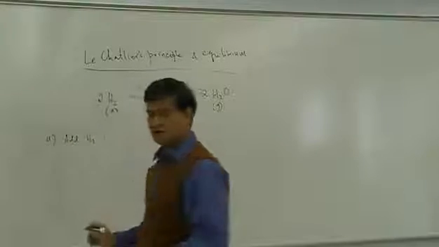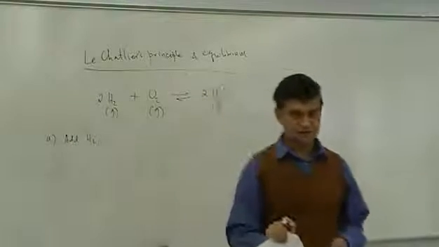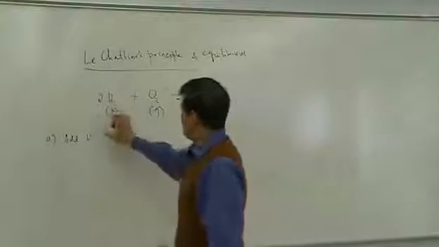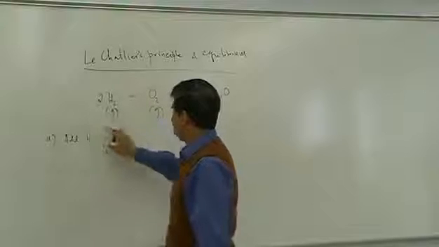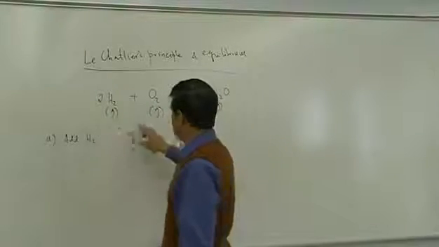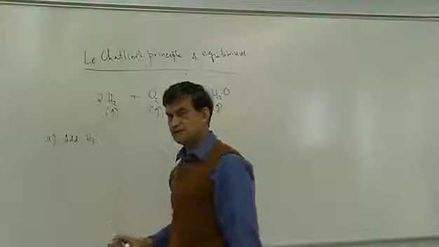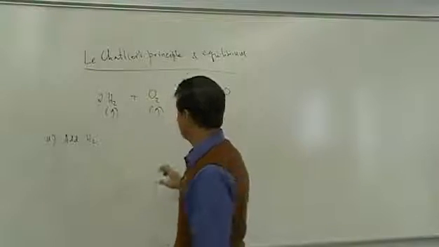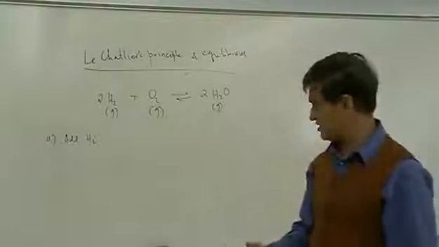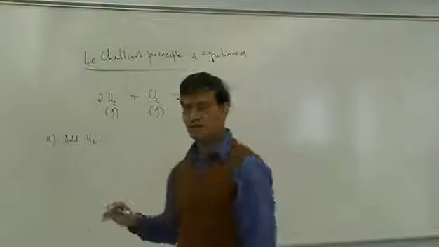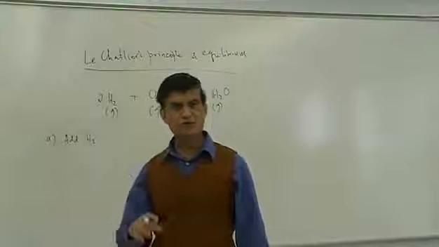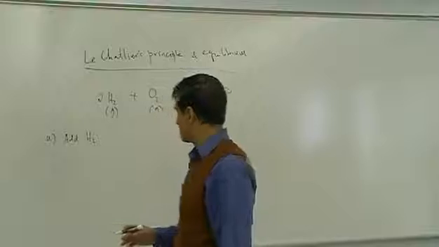Now this is how you're going to think about application of Le Chatelier's principle and equilibrium. First assume that before you do any addition, or before you remove anything or make any change here, it was in equilibrium. A reaction in equilibrium is the happiest situation, because every reaction would eventually go to equilibrium and there'll be no more changes afterwards.